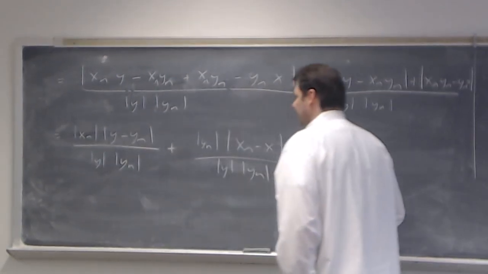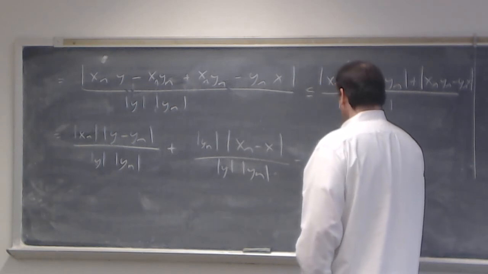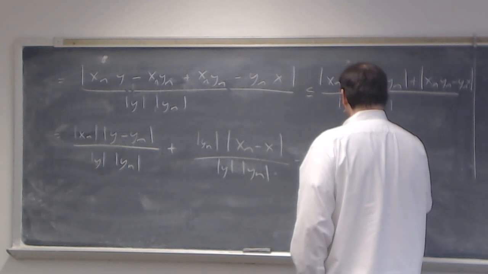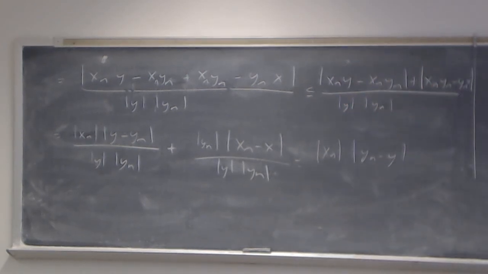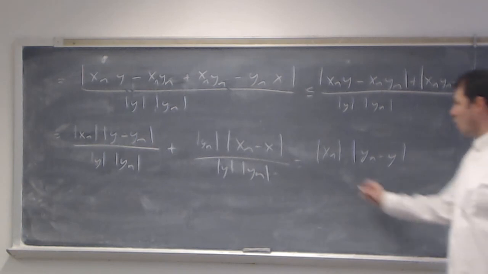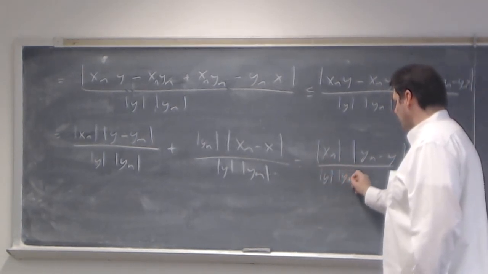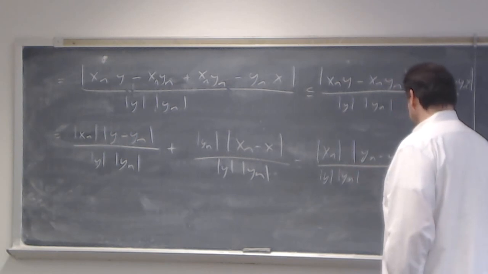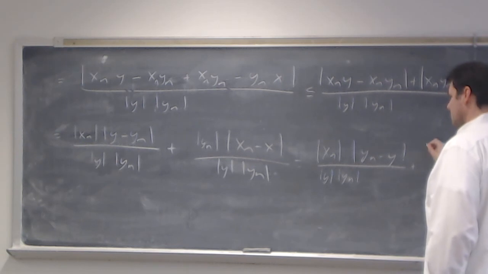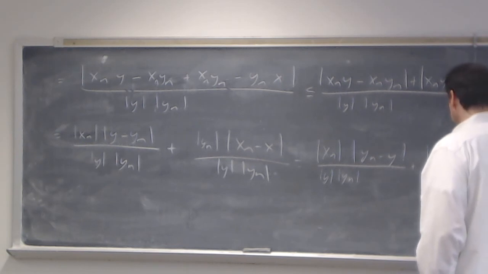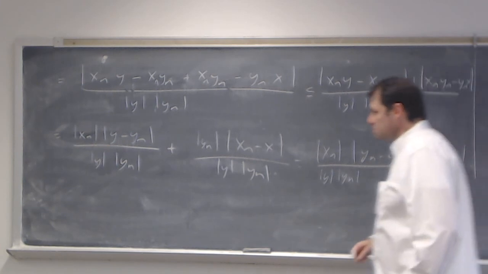I'll simplify a little further: this is the absolute value of x sub n, and I'll rewrite this as y sub n minus y, just to put it in a format that we're standardly used to, over the absolute value of y times the absolute value of y sub n, and then this is plus. Here, the absolute values of y sub n will cancel, and we'll be left with x sub n minus x over the absolute value of y.